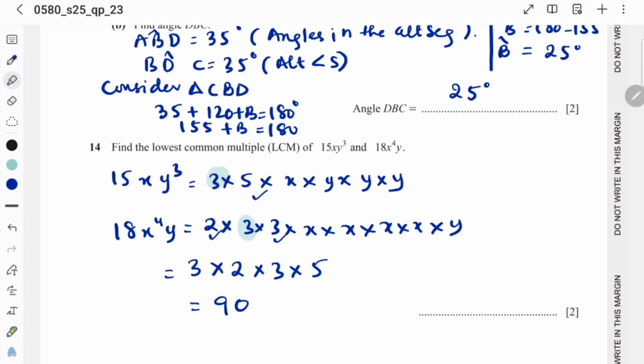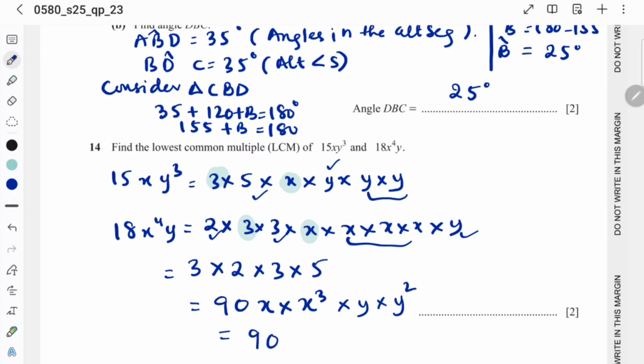This is x, this is x, and then 3 more x, and then x squared, x⁴, x cubed, this much, and then one of the y is common, and then y squared. So that is 90 x to the power 4 y cube.